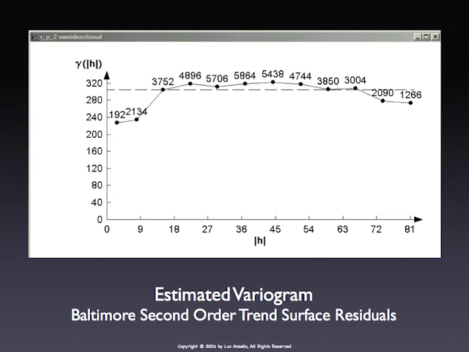This is interpreted as the range of the process. The point, arbitrarily taken, where you decide that from here on it's flat, the distance that corresponds to that is the distance within which the data are spatially correlated. Beyond that point, they are not. There is no more effect.